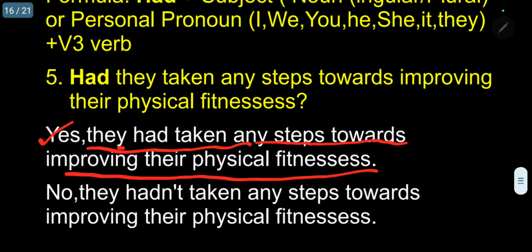Had, auxiliary; taken, past participle. If it is no, they hadn't taken any steps towards improving their physical fitness. Kindly follow.